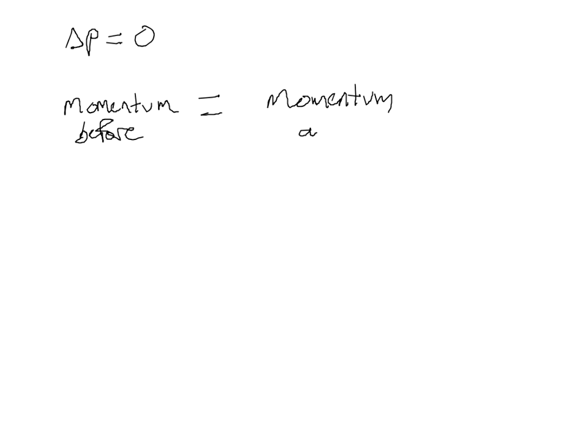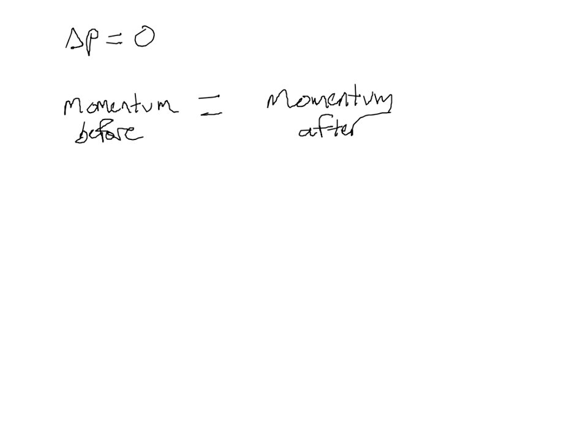Conservation of momentum is always going to be true. So step 1, when you're working a collision problem, you write down the momentum before the collision equal to momentum after the collision.